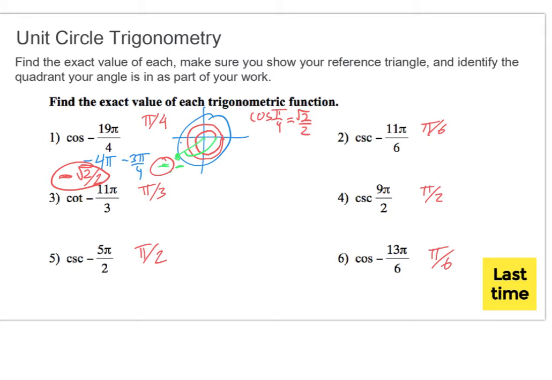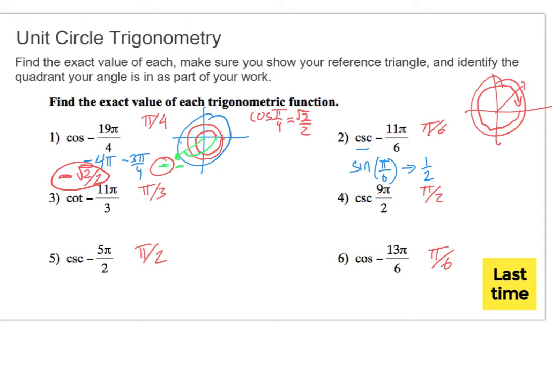For the second one, doing the same thing. Cosecant is going to be the reciprocal of sine. So I'm going to find sine of pi over 6 first, and that's going to be a value of 1/2. I'm going to use that to find cosecant in just a minute. Now I've got to figure out 11 pi over 6. That's not a full circle. It's a little bit less than 2 pi. So I'm thinking about this as going around not quite a full rotation.